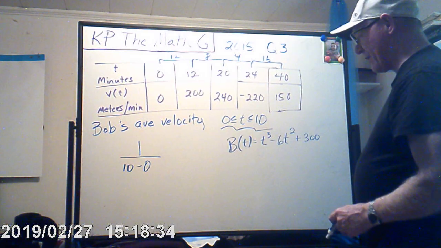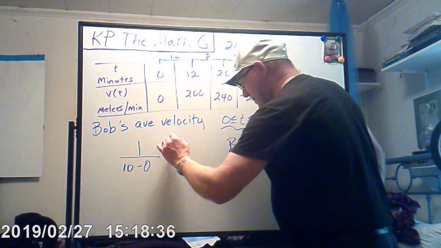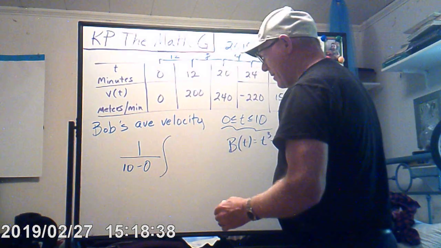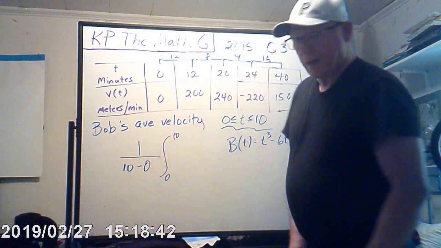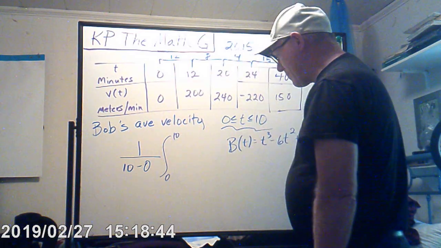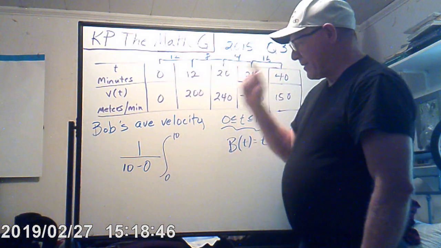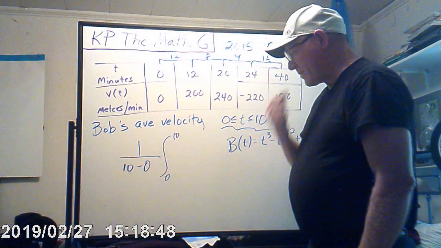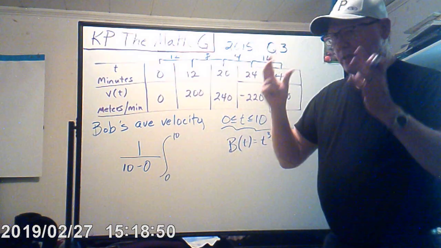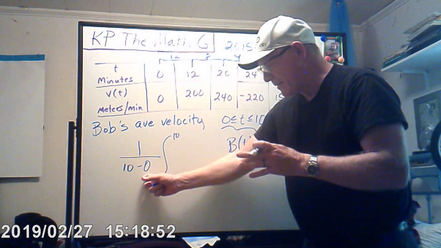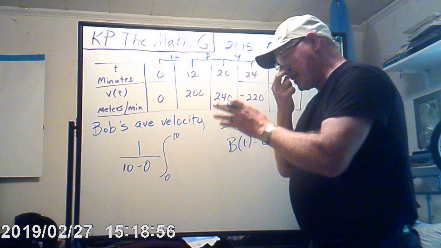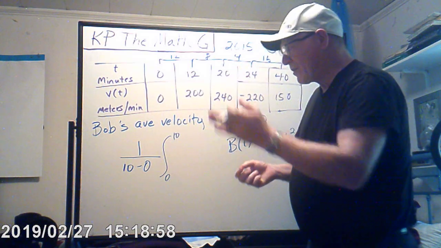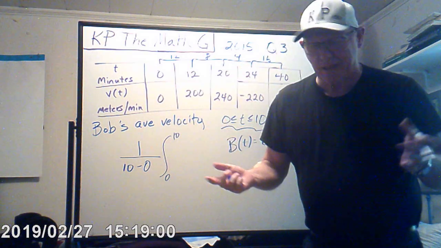And average velocity would be, we are going from 0 to 10. We need to keep that in mind. When you're doing average, you want to find distance divided by time. Well, distance over time is velocity.